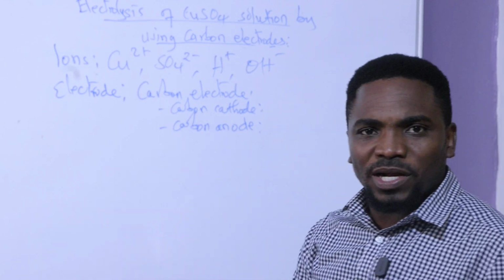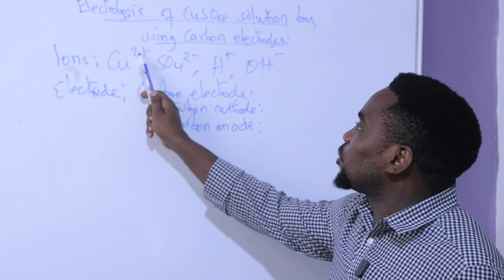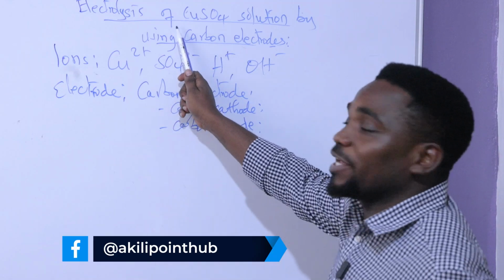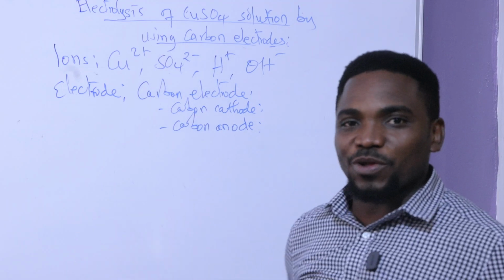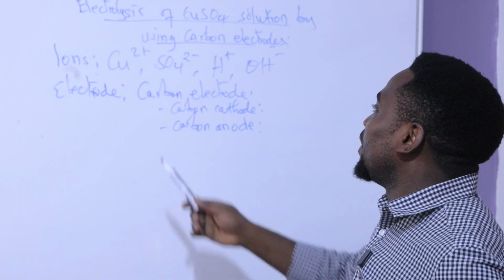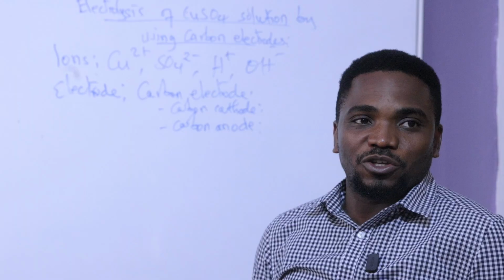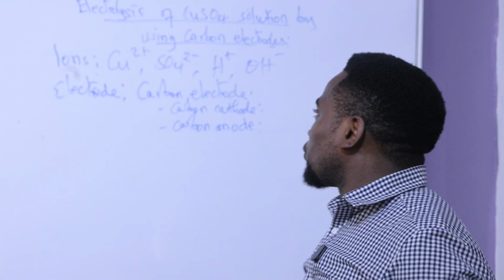Kwa hiyo maana yake here now let's see what is going to happen. Tuanze moja kwa moja tuangalie kwenye cathode. So I think you know that copper, that is the positive charge, and this one is positive charge, they all migrate to the cathode. So this and this, they will migrate to the cathode. Wakienda kwenye cathode, I think you understand that copper will be preferentially discharged. The reason is because it is lower in the electrochemical series. So the cathodic reaction, here I'm writing for you.